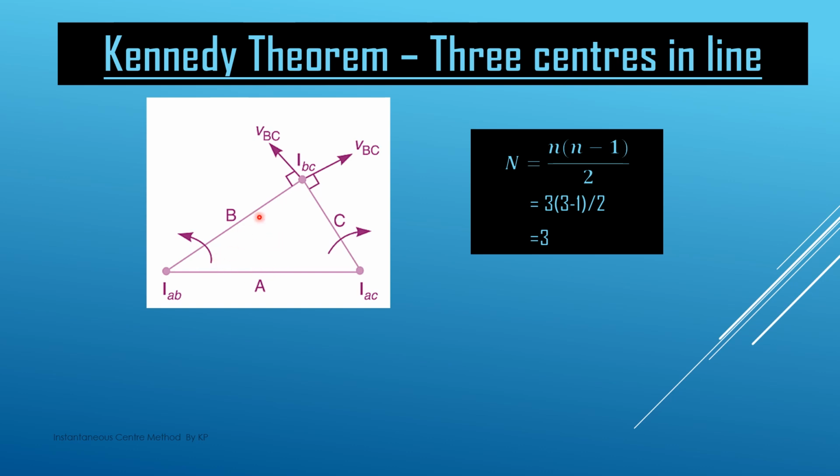So only when IBC lies on the line joining IAB and IAC does the intersection point IBC have the same velocity vector. So this is the Kennedy theorem. It means that when there are three rigid links moving with respect to each other, their instantaneous centers lie on the same line.